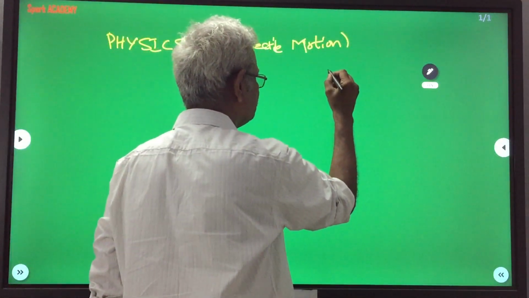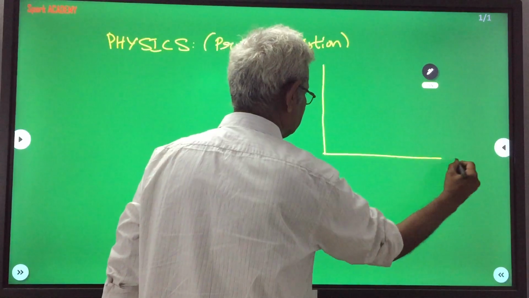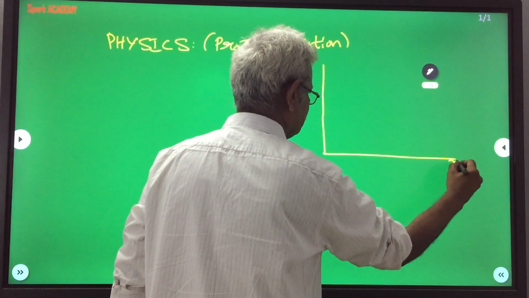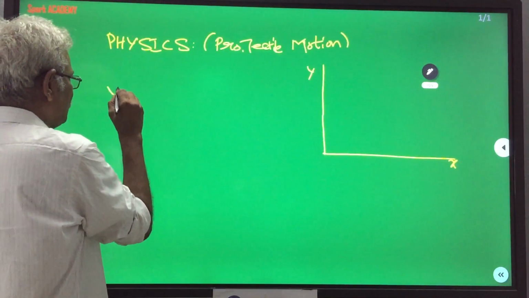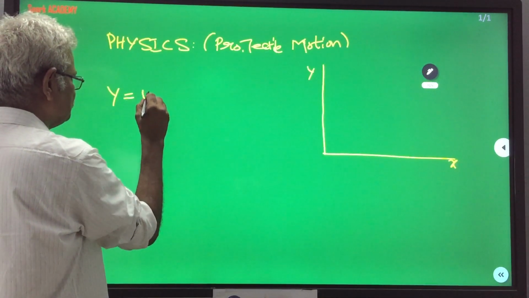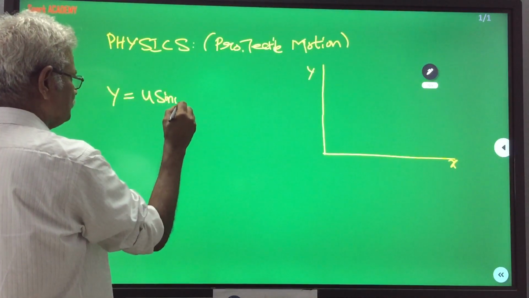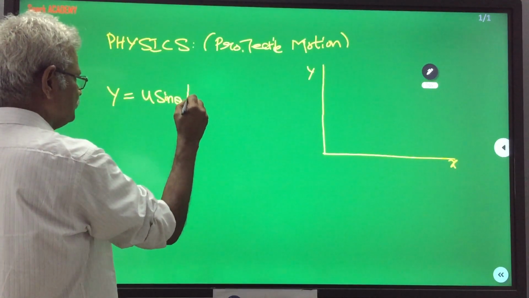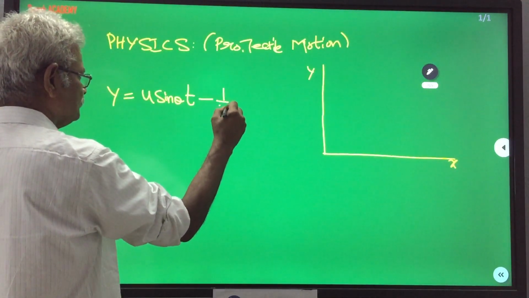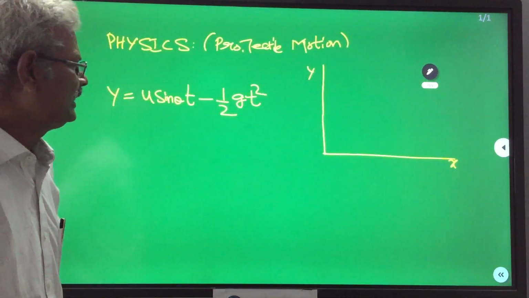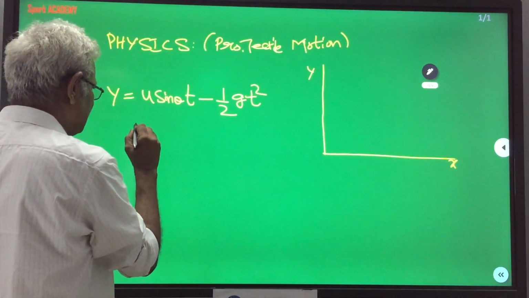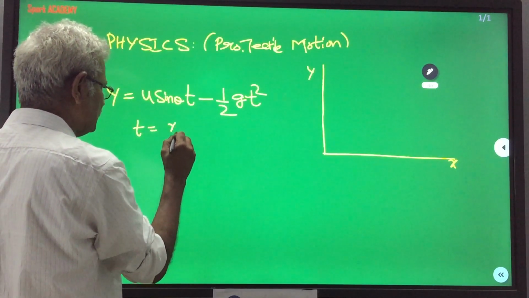Now we have written y is equal to u sin theta t minus half g t square. This is what? Quadratic in t. Now we know that t is also equal to what?